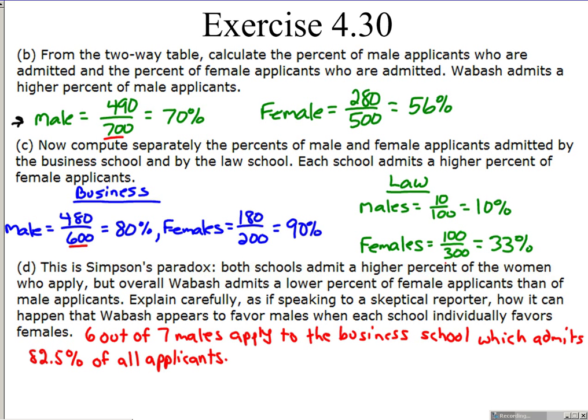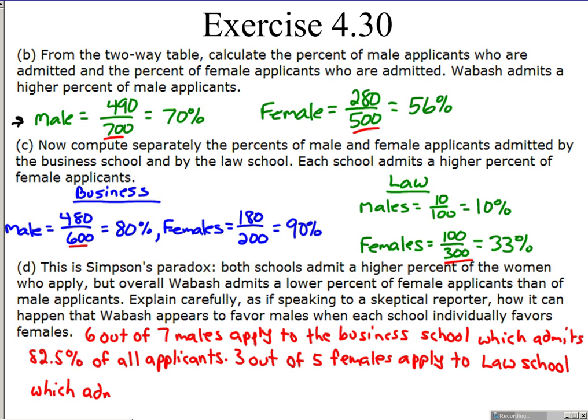When I look at the females, 300 of the 500 total, so 3 out of 5 females, apply to law school, which admits only 27.5% of all applicants.